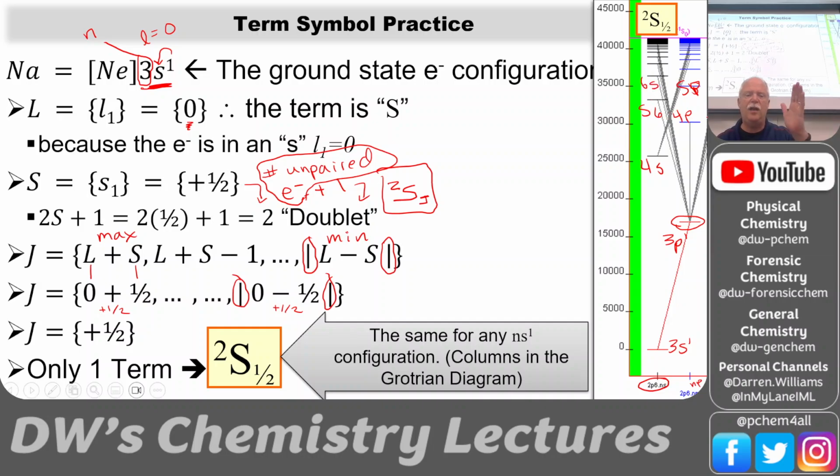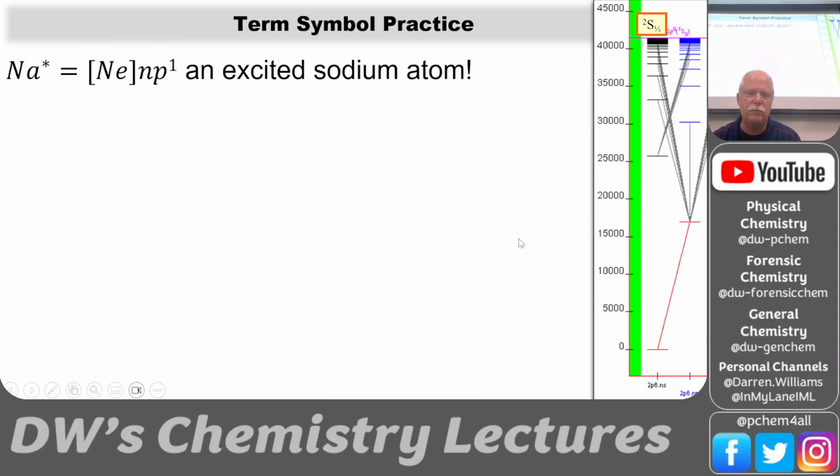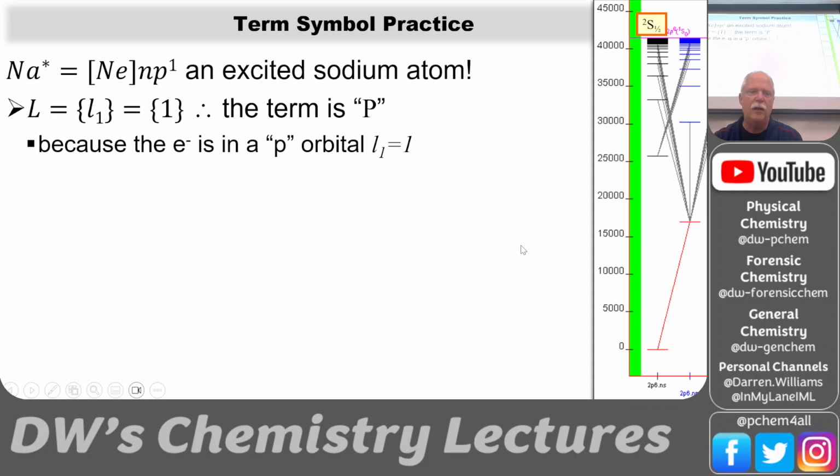All of those have the neon core. Okay, so let's look at the term for this 3p1. So we have an excited state sodium atom. So L equals 1 because little l equals 1.